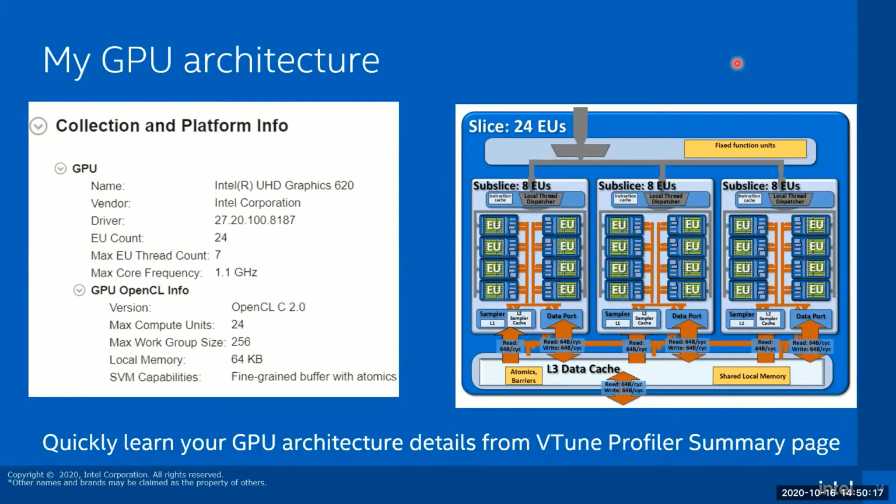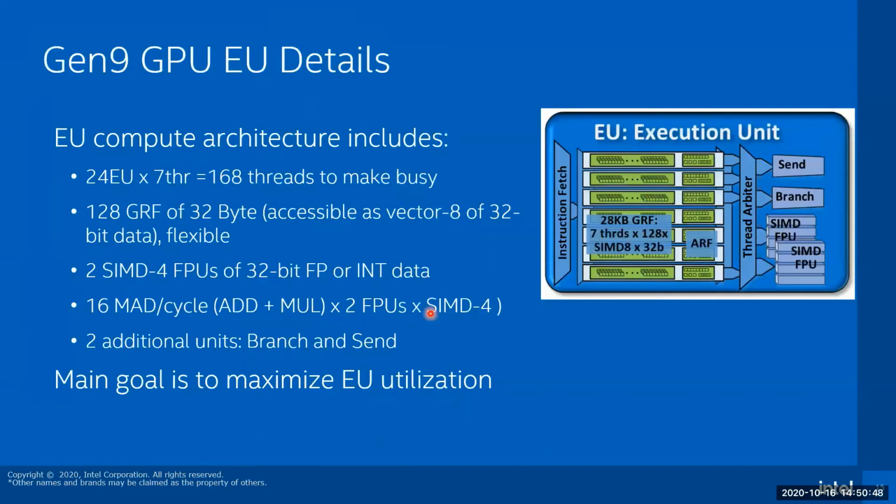So at the moment, I'm working with this laptop of the previous generation, which is equipped with UHD Graphics 620, which is Gen 9, with 24 execution units, with maximum workgroup size 256 and 64 kilobytes of local memory. So let's take a closer look at the execution unit itself.